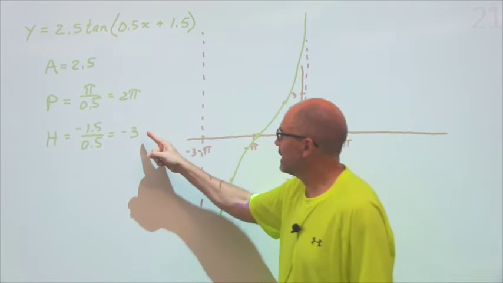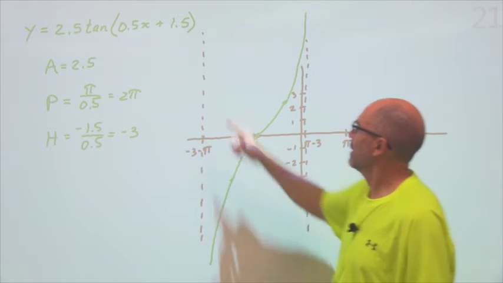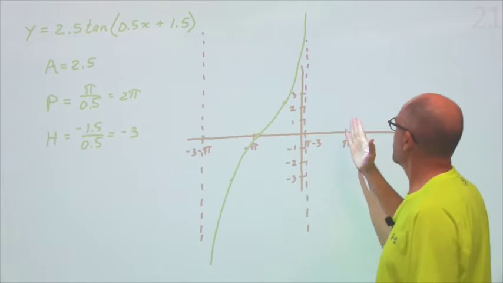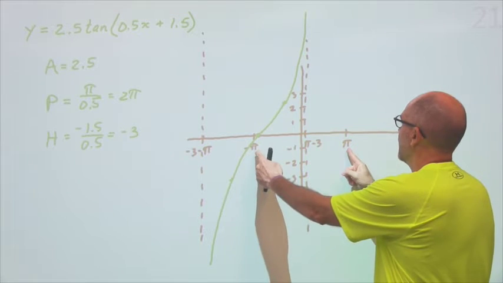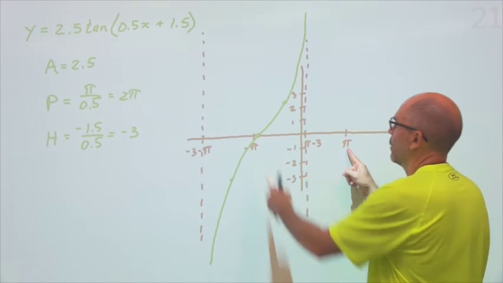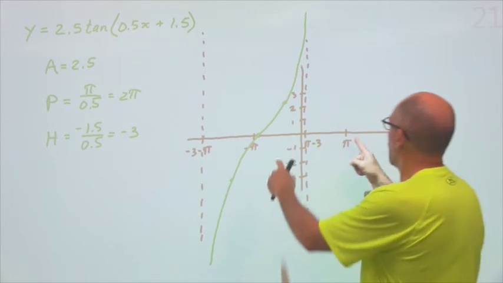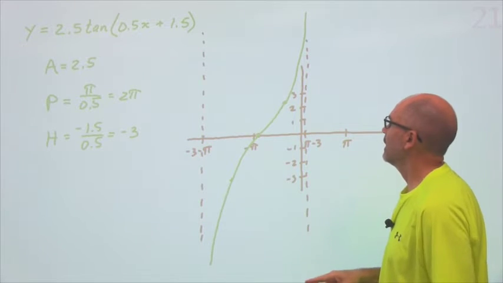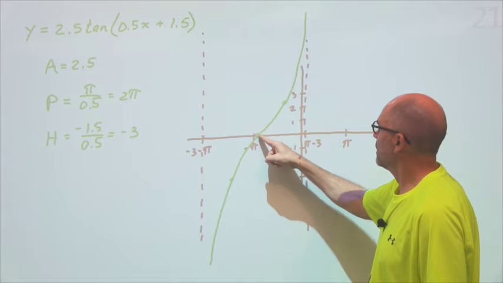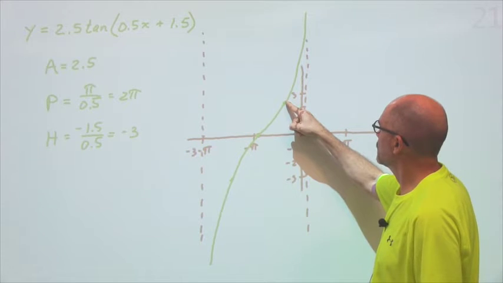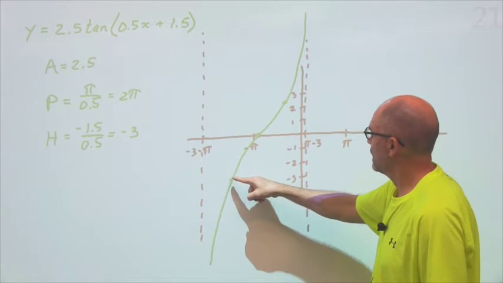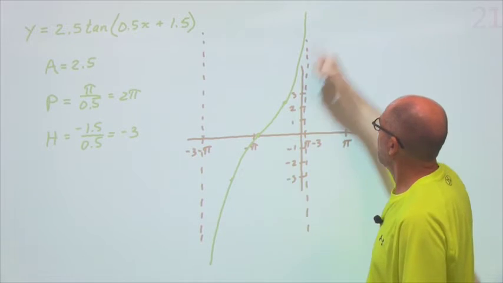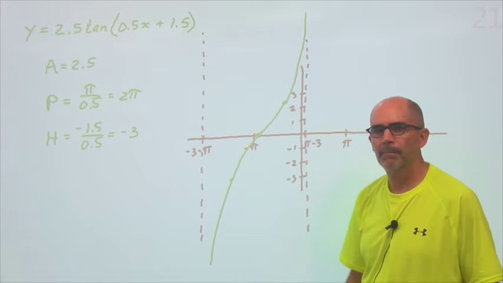But we shifted it left 3. So that means instead of negative pi to pi, which would be a 2 pi period, we're shifting that left 3. And so we have our 0 in the middle, and then it's going to be up to 2.5 and down to negative 2.5, and then you draw your curves.